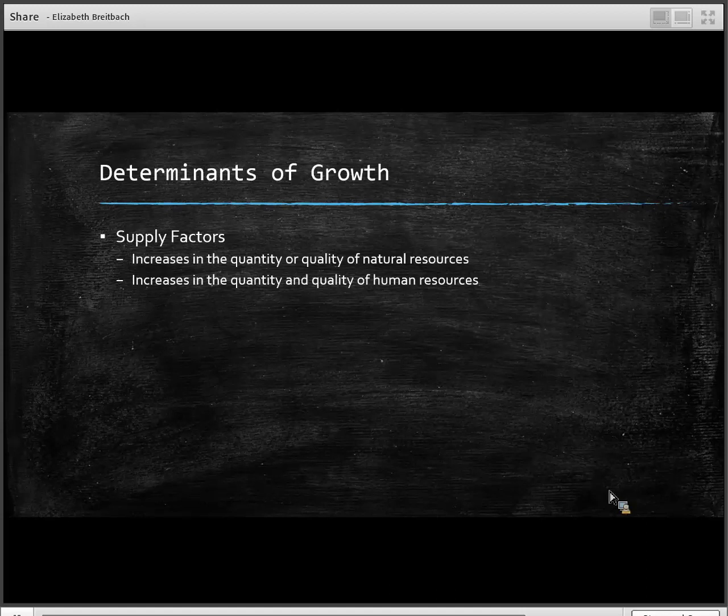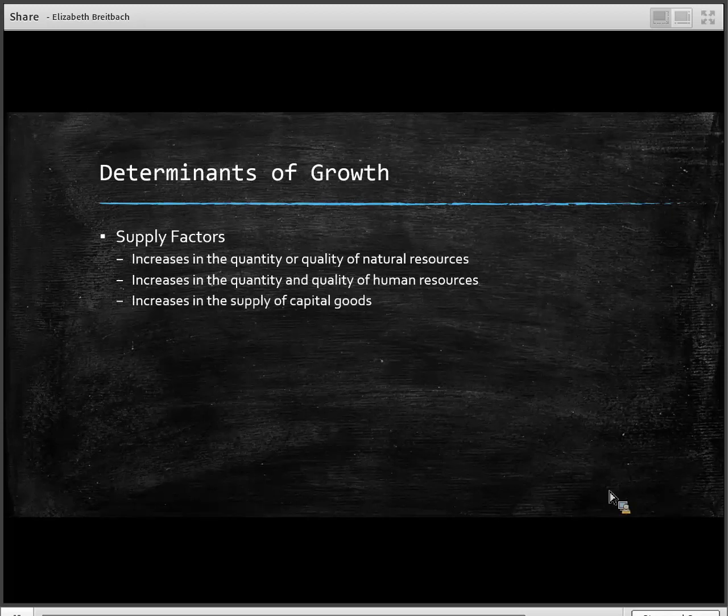So we could increase the amount of labor that we have available to us, and all of a sudden our production possibilities increase. Or, and this is why education plays such an important role and the government is so heavily involved, the quality of human resources. As an economy becomes more educated, they become more productive, and it allows them to produce more goods and services.